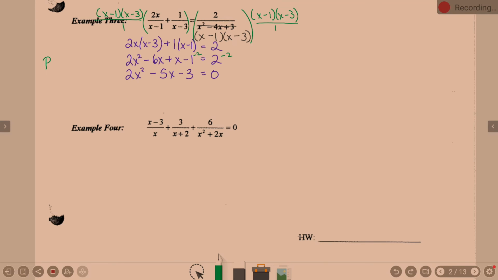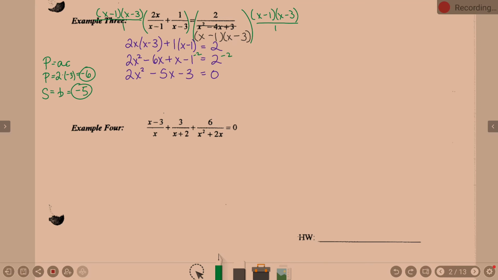So if we do product of AC, that means I'm doing product of 2 times negative 3, which means I need a product of negative 6, and a sum of B, and B in this case is negative 5. What multiplies to be negative 6 and adds to be negative 5?